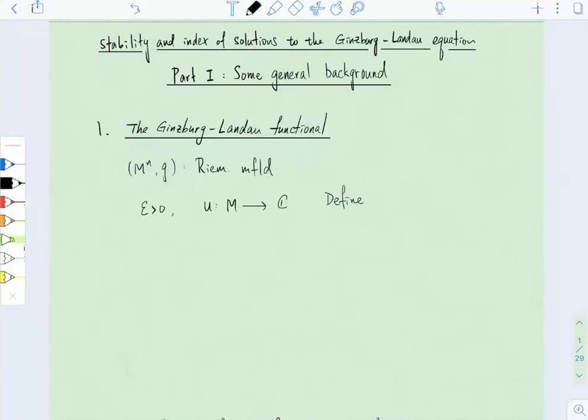Also, parallel to this relationship between the Ginzburg-Landau functional and codimension 2 minimal submanifolds, there's the link between the Allen-Cahn equation and minimal hypersurfaces. That direction has seen many exciting developments, especially in recent years. But due to limitations in time and space, I will not be able to say too much about that. So for that, I also apologize.